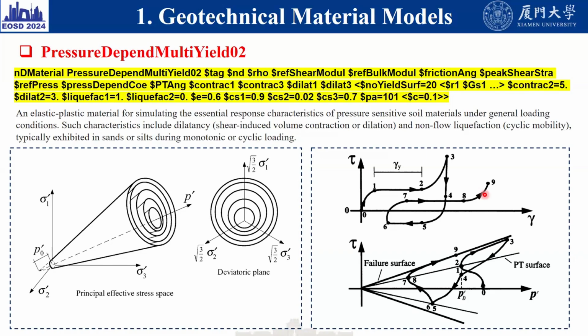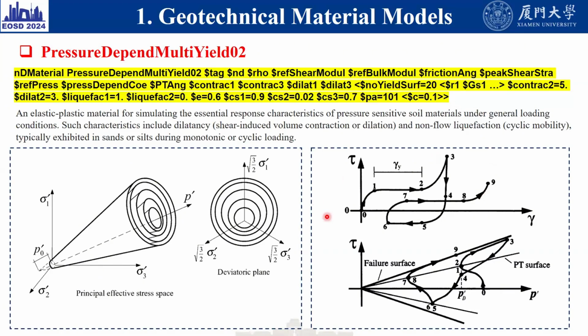It cannot deform forever. Flow liquefaction means landslide, right? So the displacement can diverge forever, maybe 100 meters or 200 meters. But in this model, we focus on non-flow liquefaction. So the deformation is limited. These characteristics typically exhibit in sands or silt during monotonic or cyclic loading.